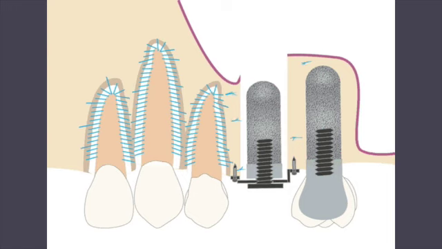I am proposing a different theory, a different way of looking at how osseointegration is established, how it is maintained over many years, and what are the mechanisms by which osseointegration fails.